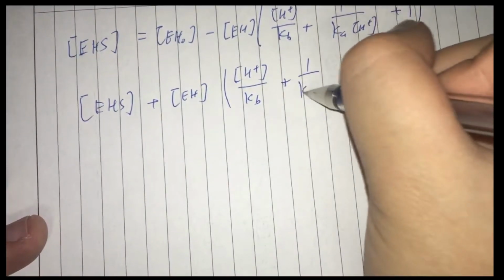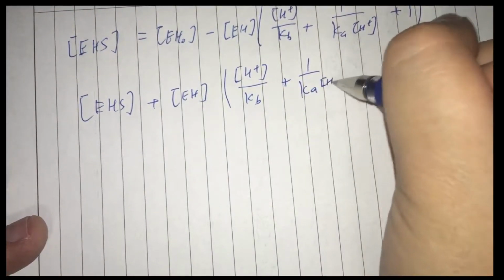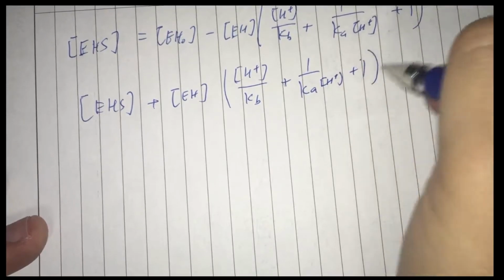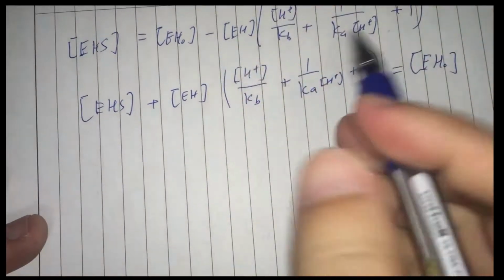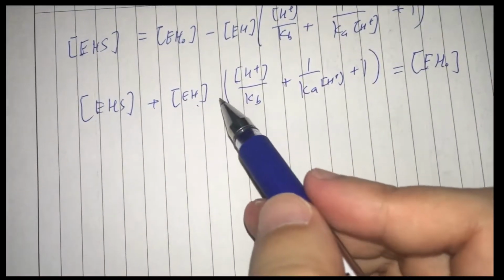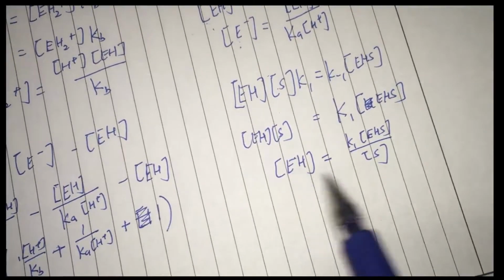Okay, so I'm going to collect the terms at the bottom really quickly. I have the EH naught on the right hand side. I'm going to convert this into what we have previously derived earlier, which is this.